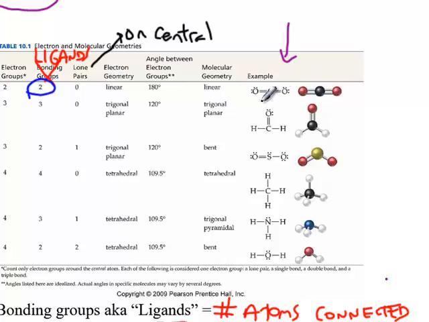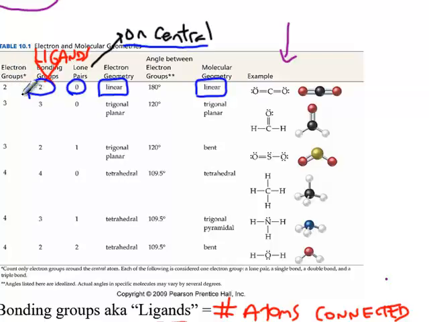The lone pairs, there are 2 lone pairs on the oxygen on the left and 2 on the right. However, the lone pairs are 0 because there's 0 lone pairs on that central carbon. So the VSEPR shape in terms of the electrons is linear, and in terms of the atoms is also linear.